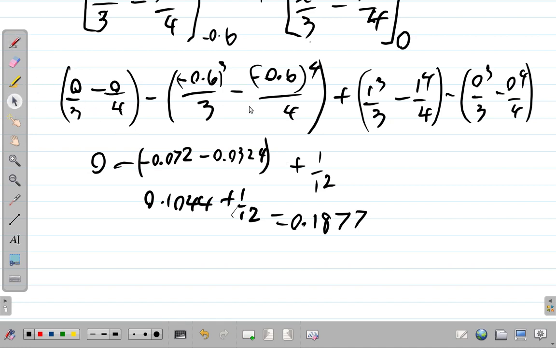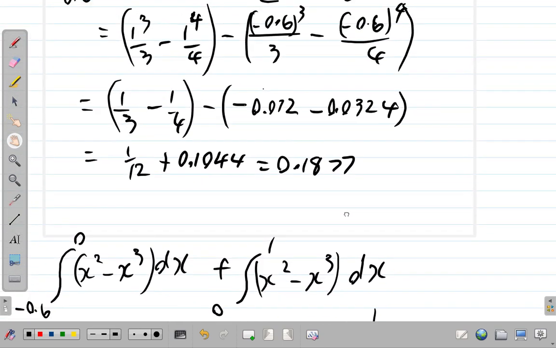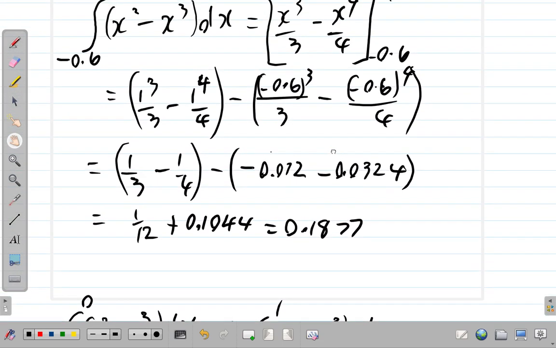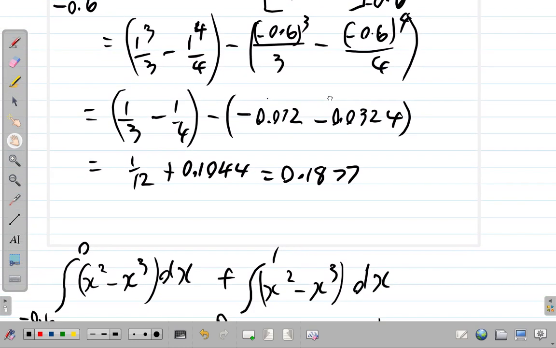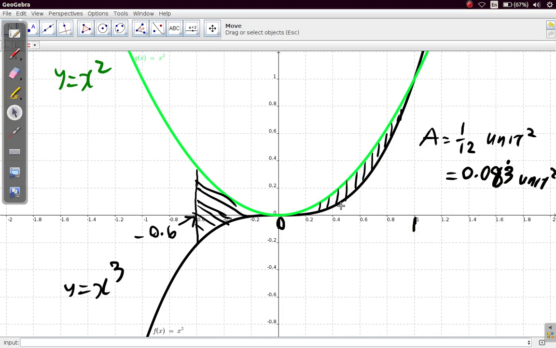So in this case, we get 0.1877. That's what we got before, 0.1877. So what we have is this area on the left added to this area on the right.